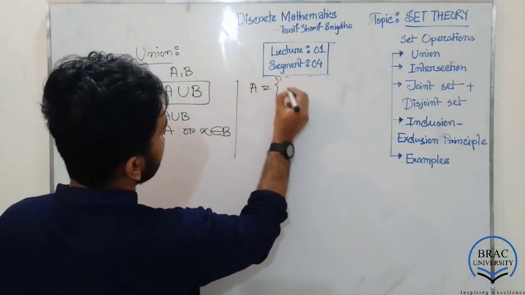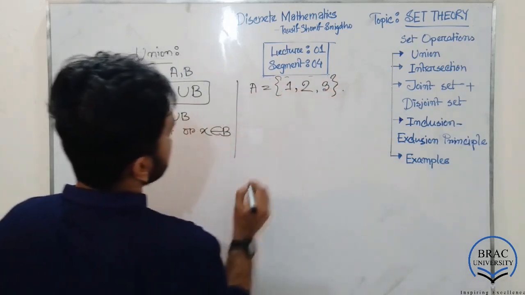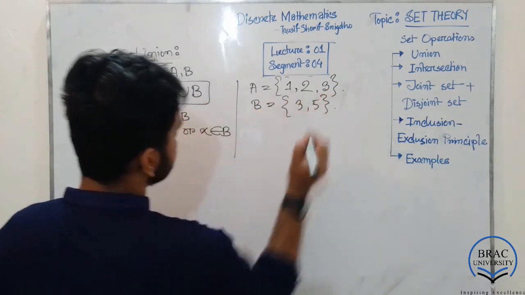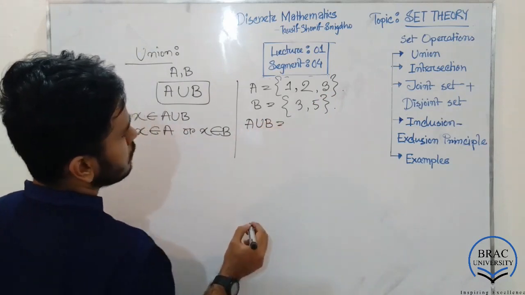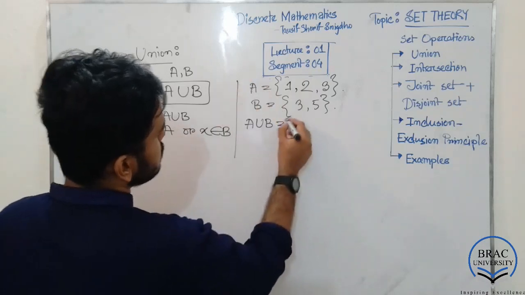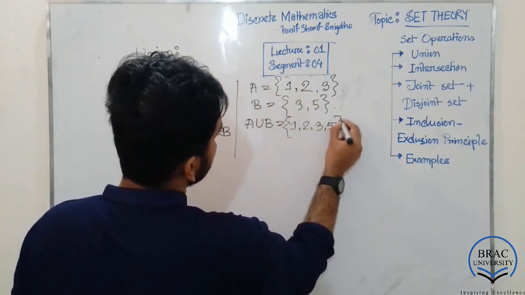We can see here an example. For example, set A has 1, 2, 3 and set B has 3 and 5. If I ask you to determine A union B, you take all of the elements of either A or B. So 1, 2, 3, 5.